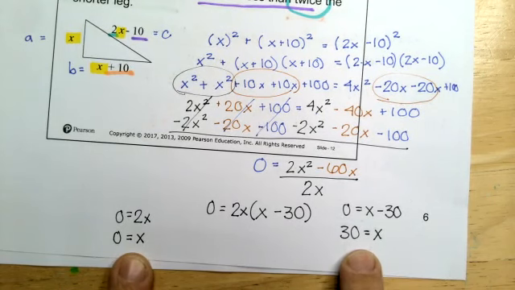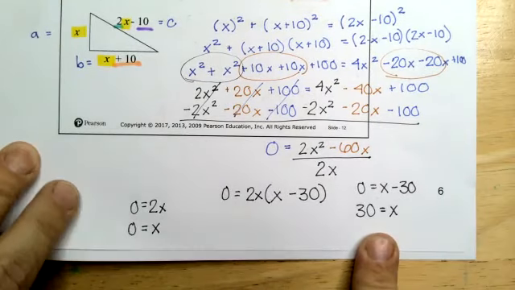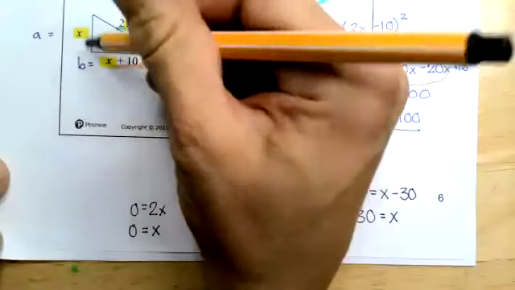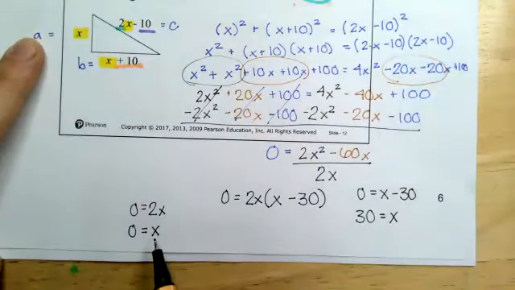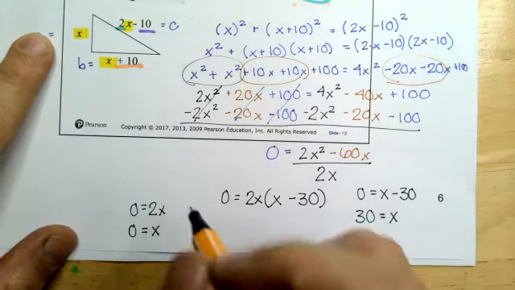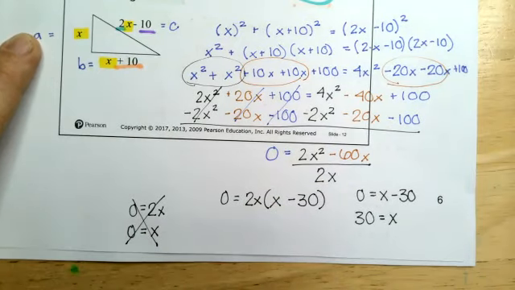Good. I have 2 answers, but because it's a word problem, I want to make sure that they make sense, right? So is this leg of the triangle equal to 0 miles or 30 miles? Probably only 30, right? Because if it has a length of 0, it's not going to be the side of anything.